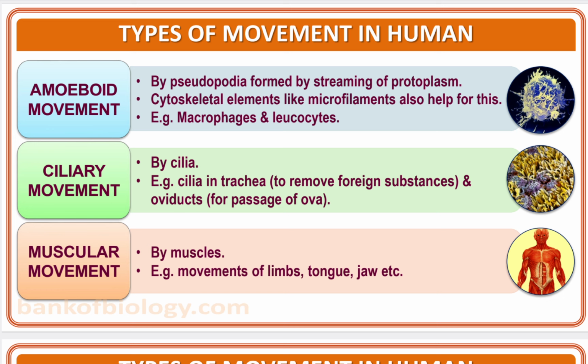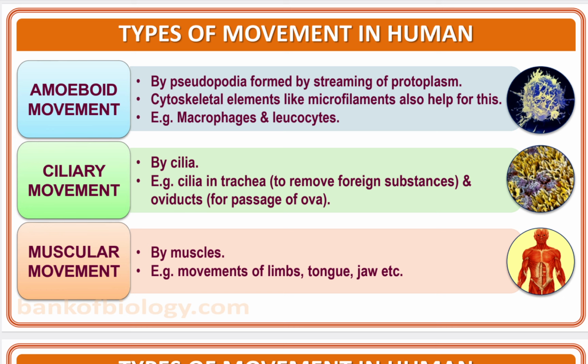Next, ciliary movement by cilia. Example, cilia in the trachea to remove foreign substances, and in the oviduct for passage of ova. In the trachea or windpipe, where cilia are present, they remove the foreign substances out from our body through mucus, and in the oviduct for passage of ova.